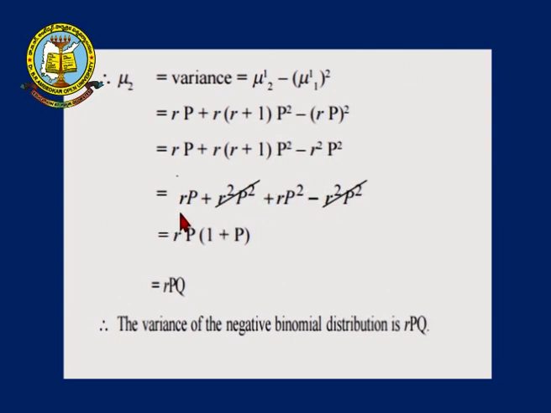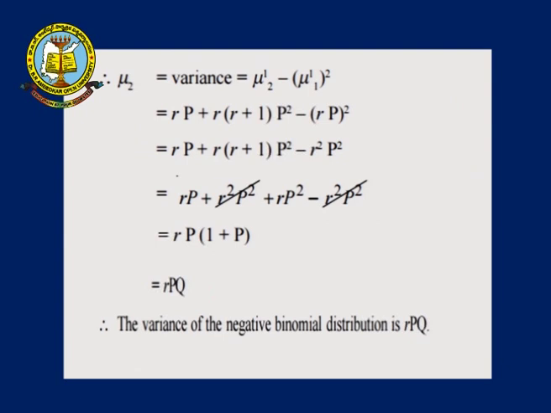Here rP plus rP square are the remaining terms. rP is a common term, taking it outside, the remaining term is 1 plus P. Therefore, we know that 1 plus P is equal to Q. Therefore, the variance is equal to rPQ.